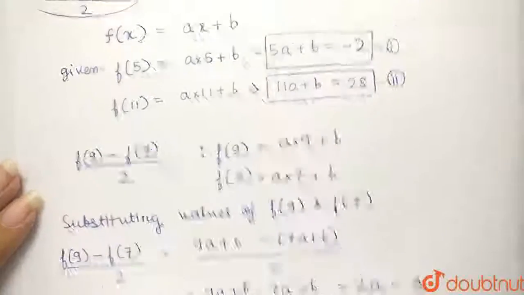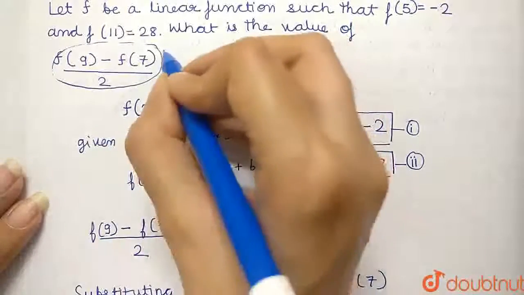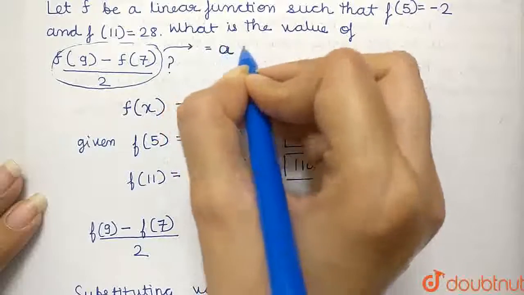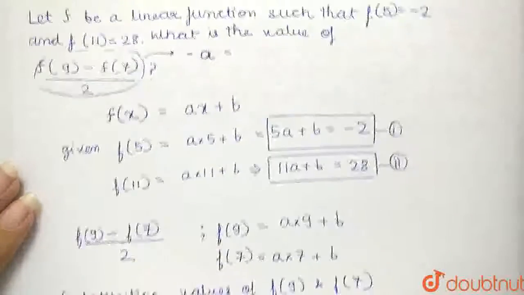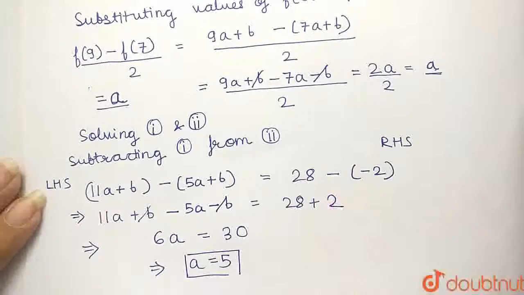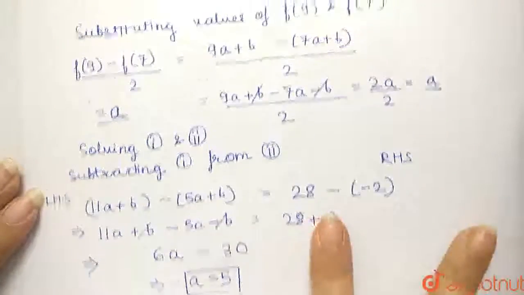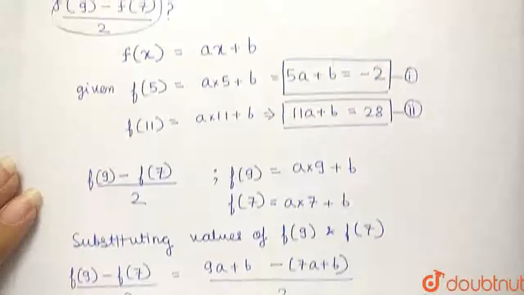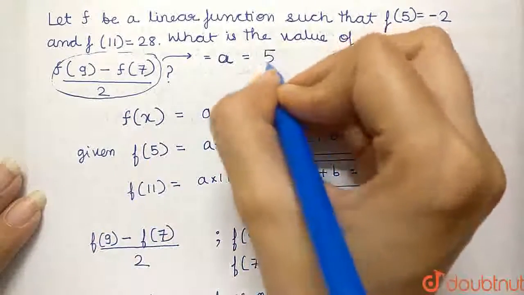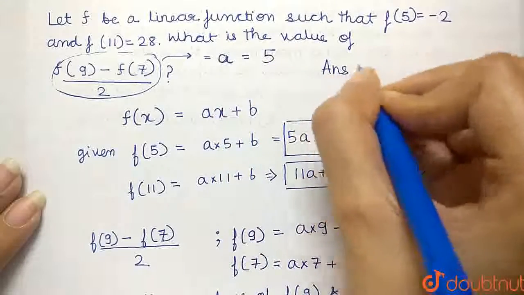Hence, this particular expression equals a, and the value of a we have just now solved and got to be 5, as you can see here. Hence, the value of this expression equals a, which equals 5. Hence, 5 is the final answer.